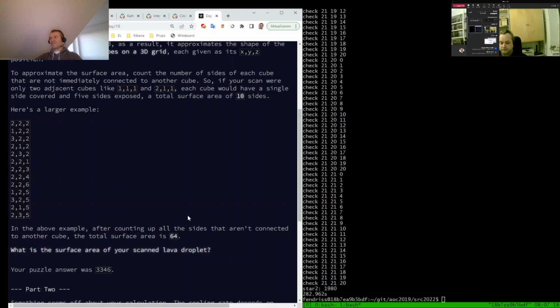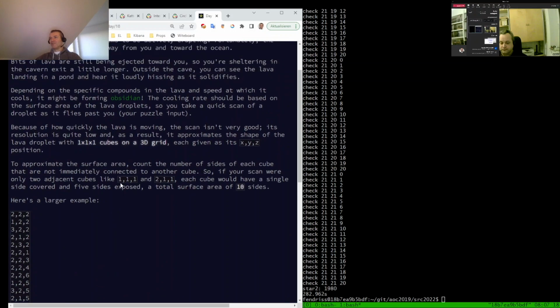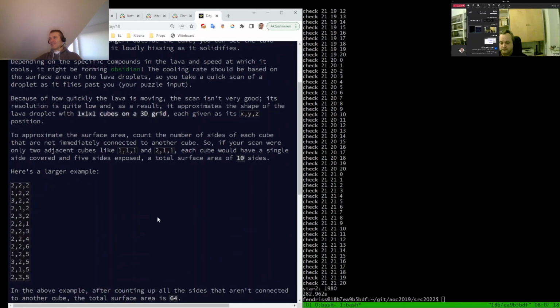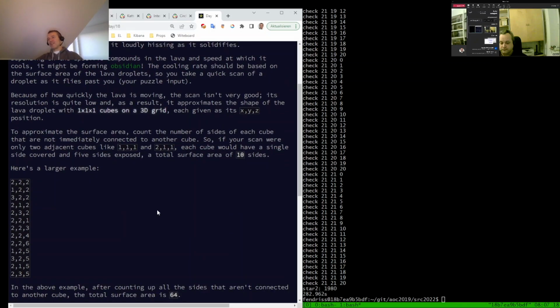I needed at least 15 minutes to understand the question here with the surface. That this thing forms one big shape would be valuable information, that it's somewhere in the text in an understandable way. So I always thought for the first 10 or 15 minutes these are paths or something. I simply didn't get it.